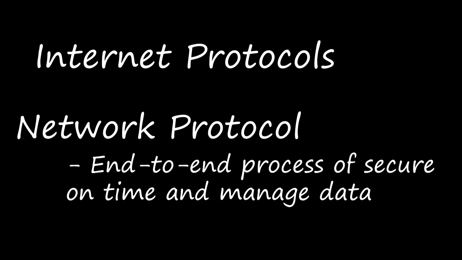This helps us to manage the data, or to do the communication between the devices connected in the network, right? Here, this communication is done between devices like routers, servers, computers, laptops or mobiles, whatever devices are connected in that network. In all these devices, this communication will be done, right?